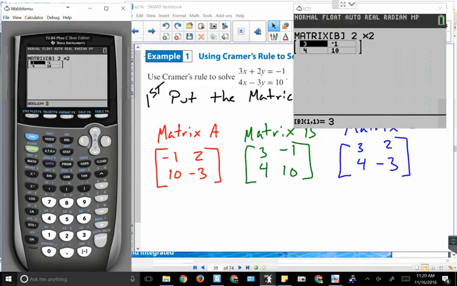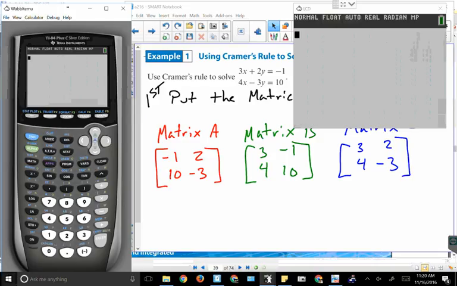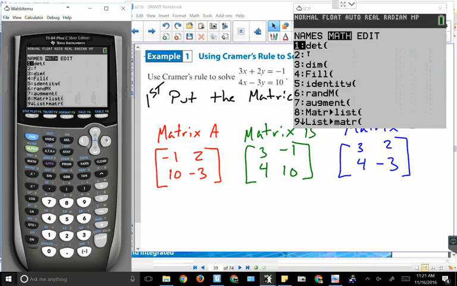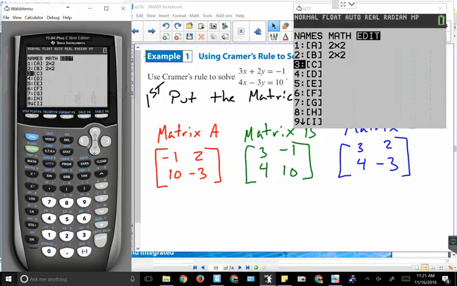So, next thing we got to do, we need to put in the last matrix, matrix C. So we get second, we hit quit. Second, go to matrix again, go over edit, go down to C. Just hit second, quit again. It'll pull you out of it.